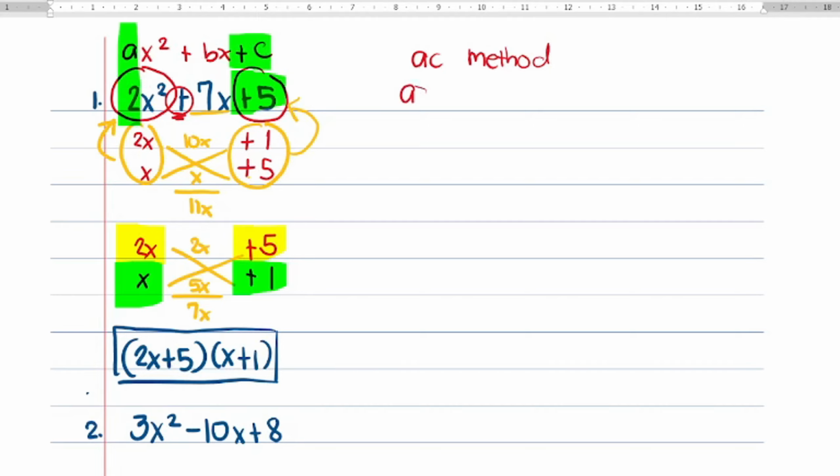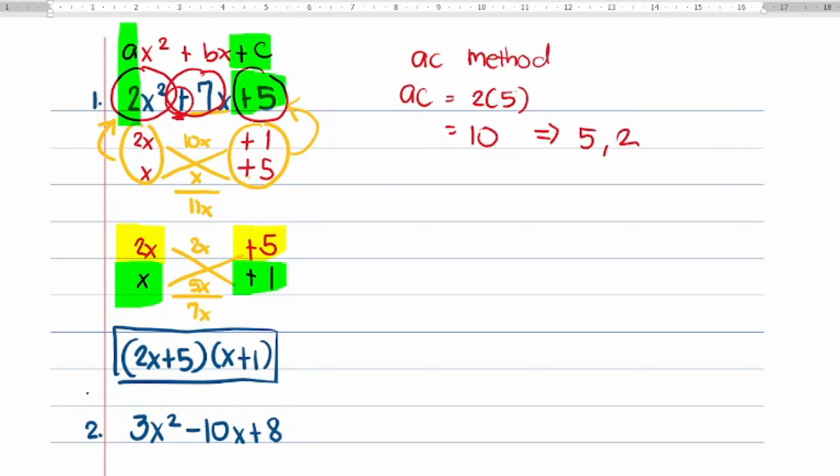Okay? So, AC, that's 2 times positive 5, which is equal to positive 10. Next, we look for factors of 10 that, when added, equal the middle term, which is positive 7. So, what are the factors of 10 that, when added, will be positive 7? I believe it's positive 5 and positive 2, right?